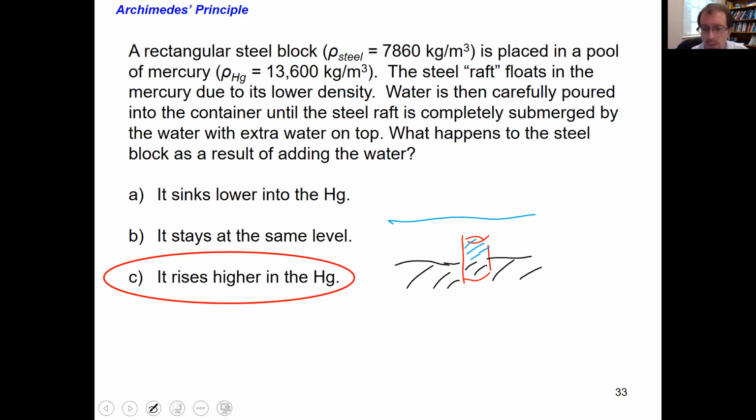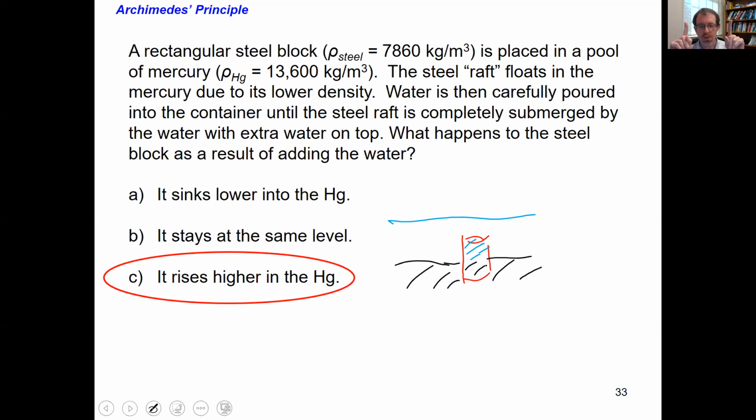As a result, by adding the water in, we've really added another buoyant force. We've added a buoyant force due to water. So it's going to have two upward buoyant forces, a buoyant force due to mercury and a buoyant force due to water.